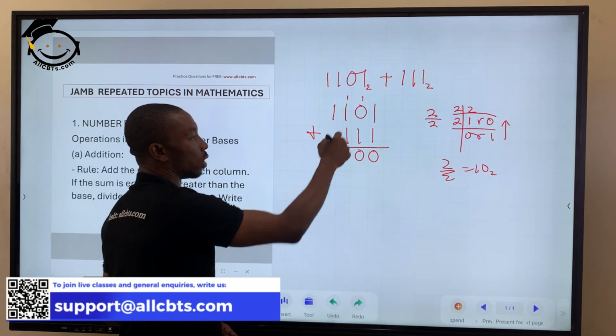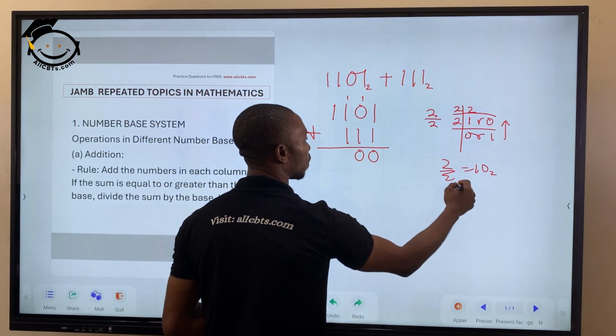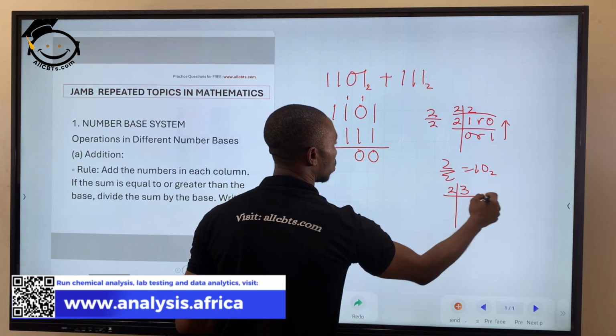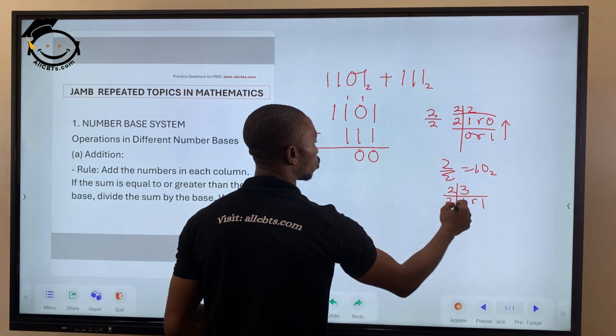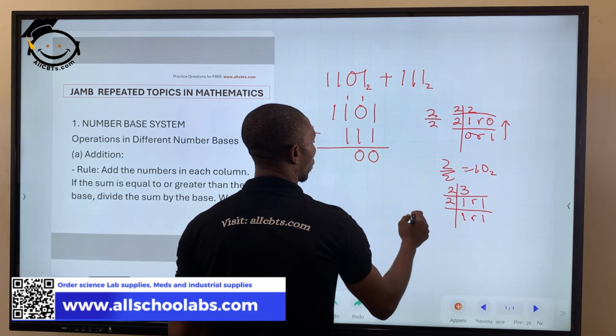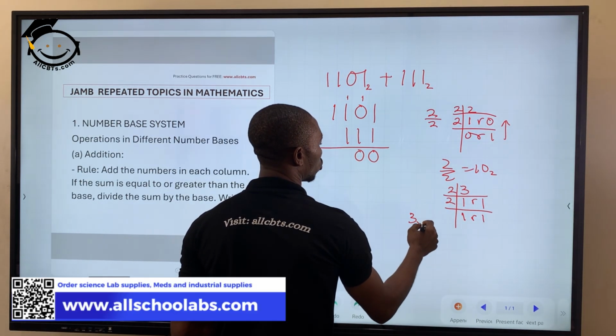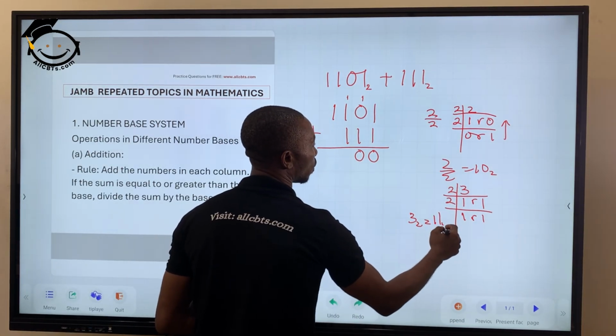Now 1 plus 1, 2, plus 1, 3. So we look at 3 divided by 2, which gives us 1, remainder 1, and 1 divided by 2 gives us 0, remainder 1. So 3 in base 2 is 11.